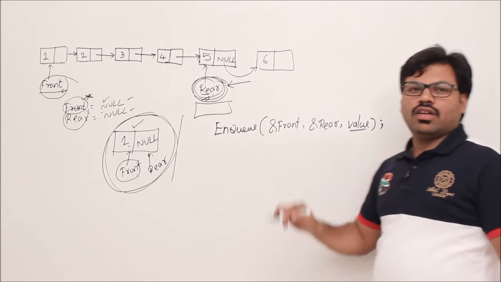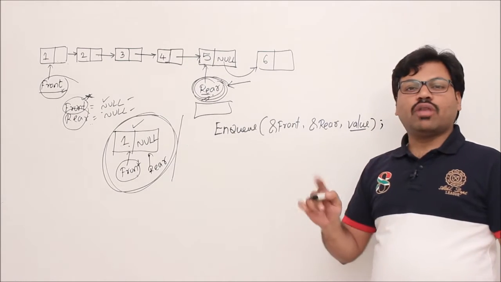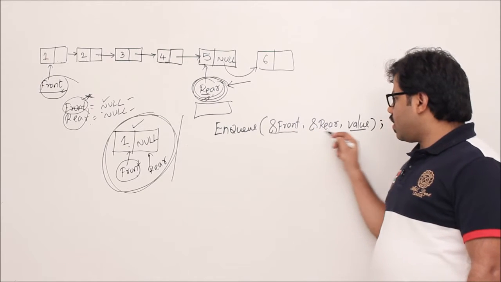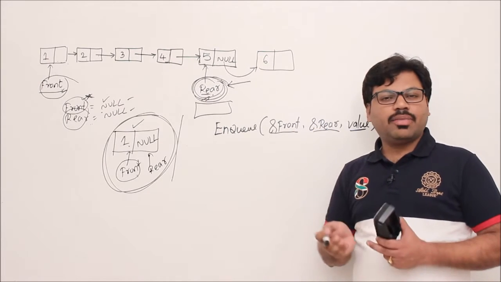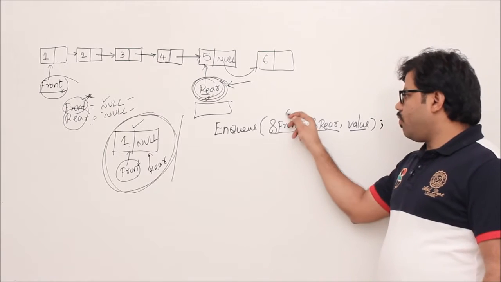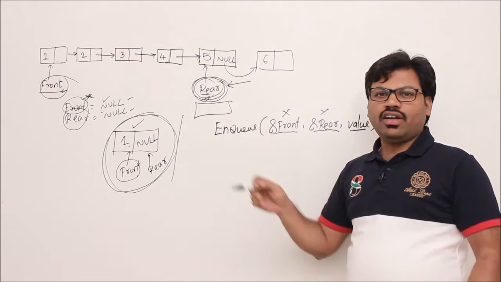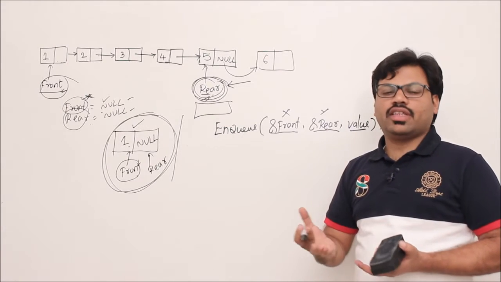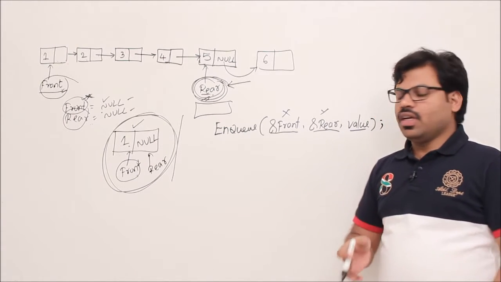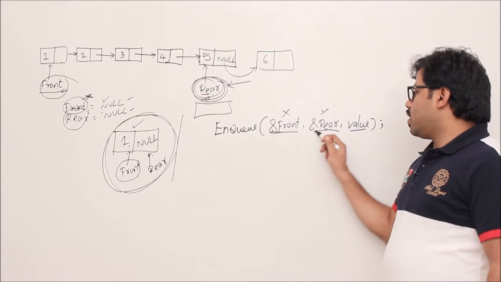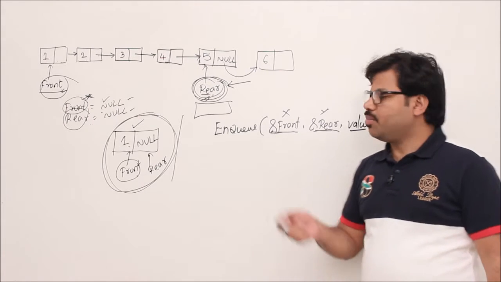This is a function call. So I am going to implement this Enqueue. And one more thing. Sir, why should I pass the address of front and the address of rear? Is there any other method? Yes. If you want to escape from that, then make rear and front global variables. That is the only thing. But if you really want to protect them, then definitely you have to pass them through parameters, right? Let's implement them.